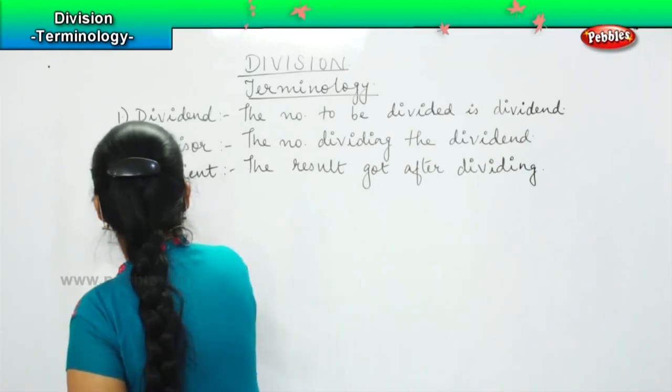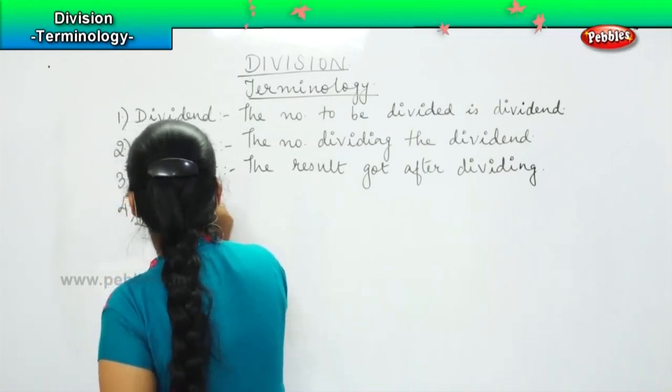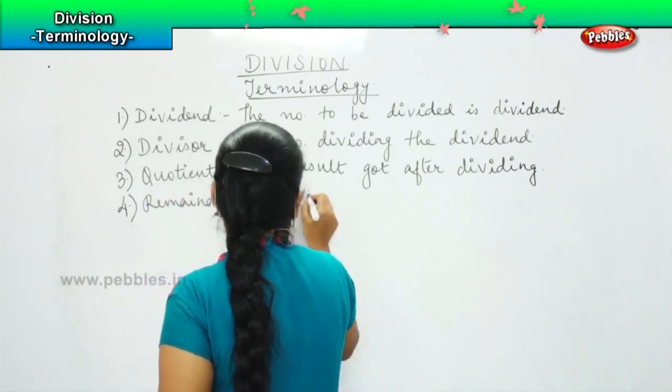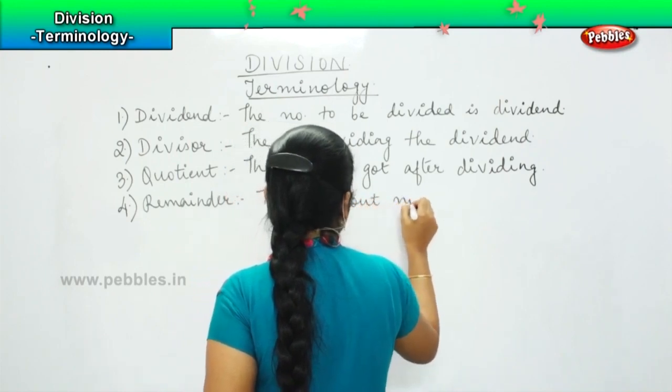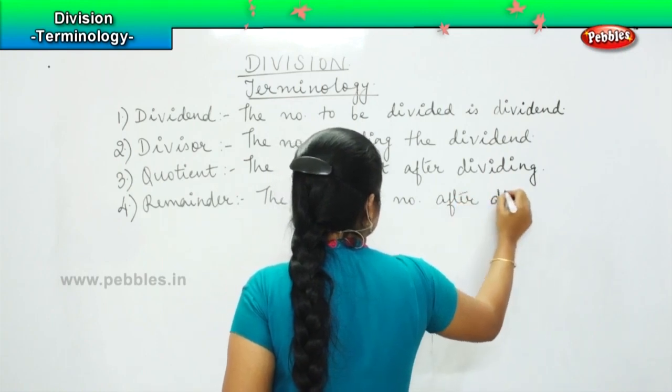Okay. And the last term here is remainder. As the name suggests, remainder is nothing but the left out number after division.